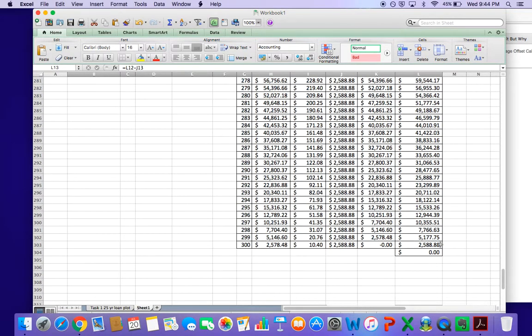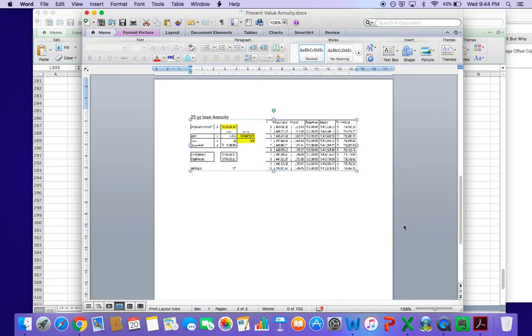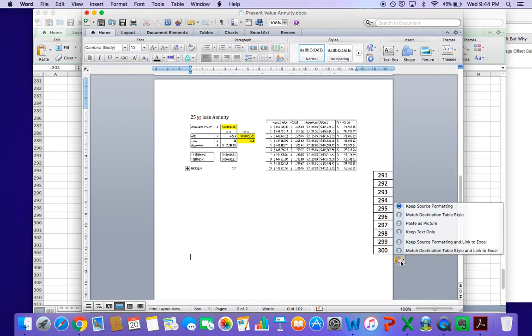So maybe the last 10 or something. Control C, and paste special, of course, paste this picture.